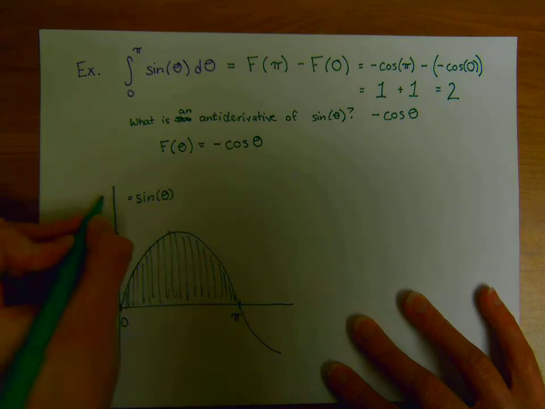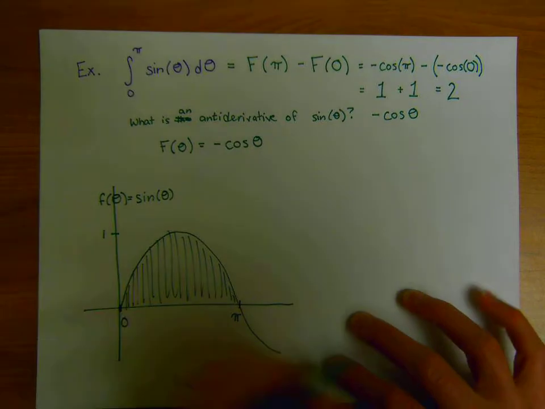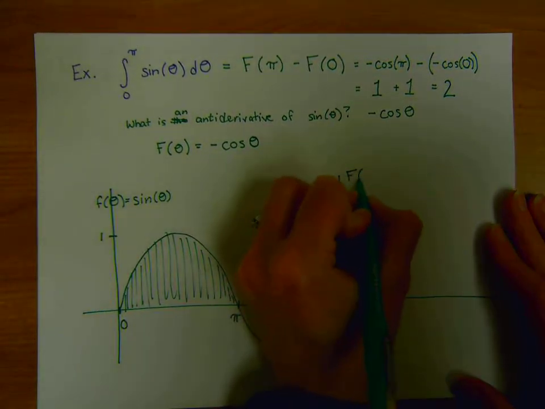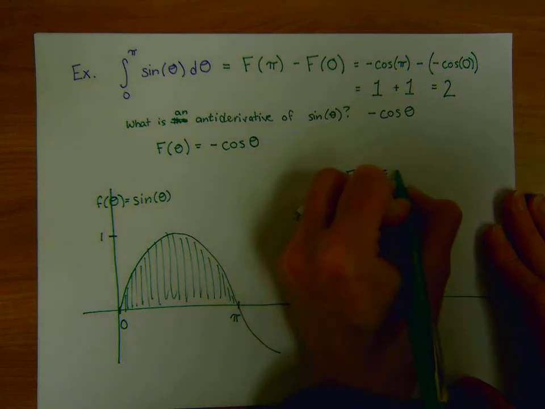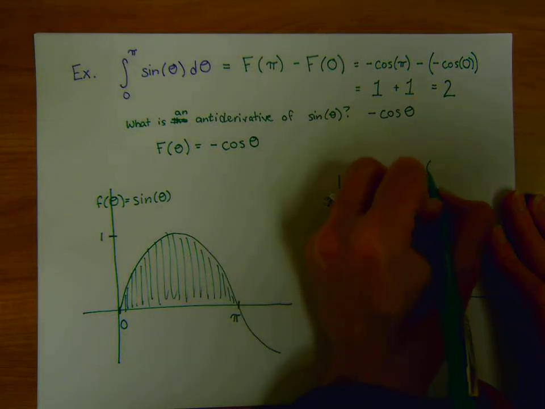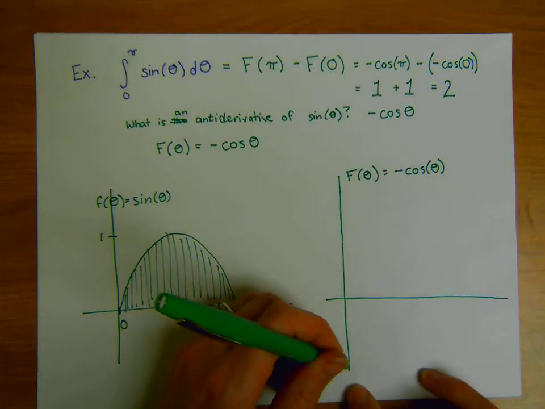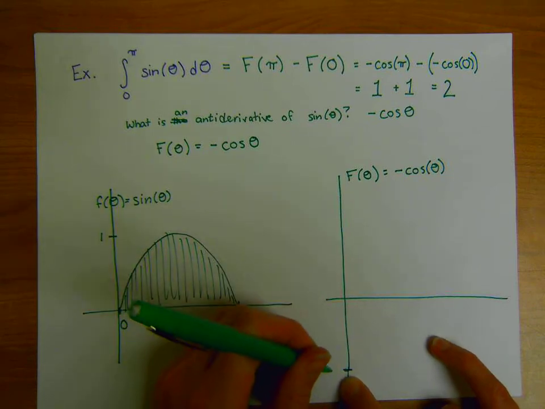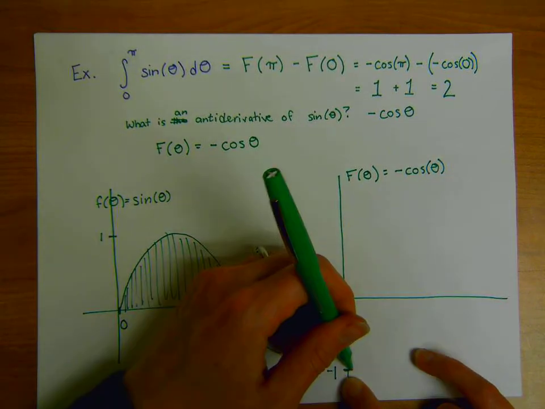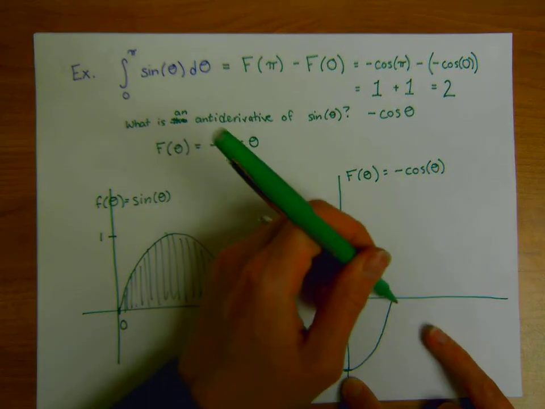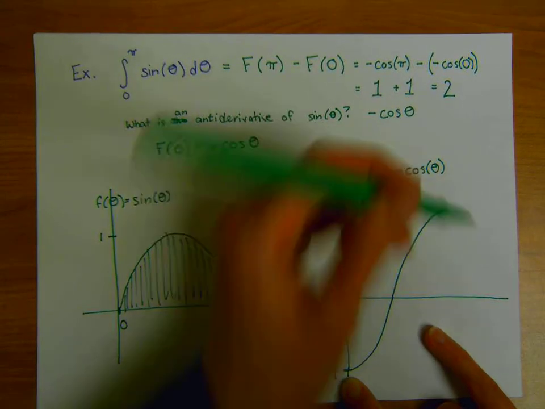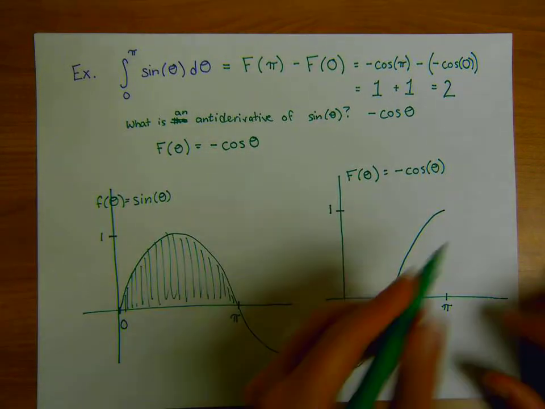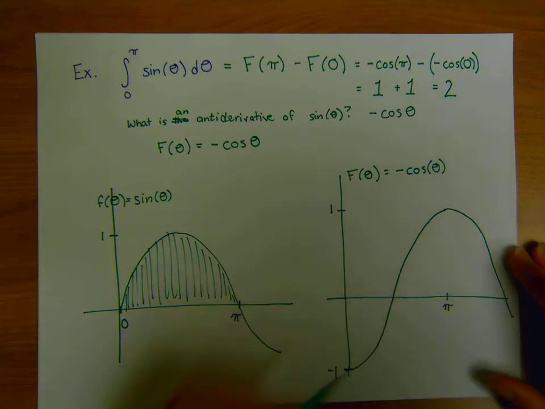This is my little f function, f of theta. And let's change theorem. So over here, our capital F function, our antiderivative function, we found was going to be negative cosine of theta. So negative cosine theta, recall the cosine function is the one that's also periodic, but it's going to start down here at -1, and at pi, it's going to be up here at 1, and then it continues looping onwards as well.